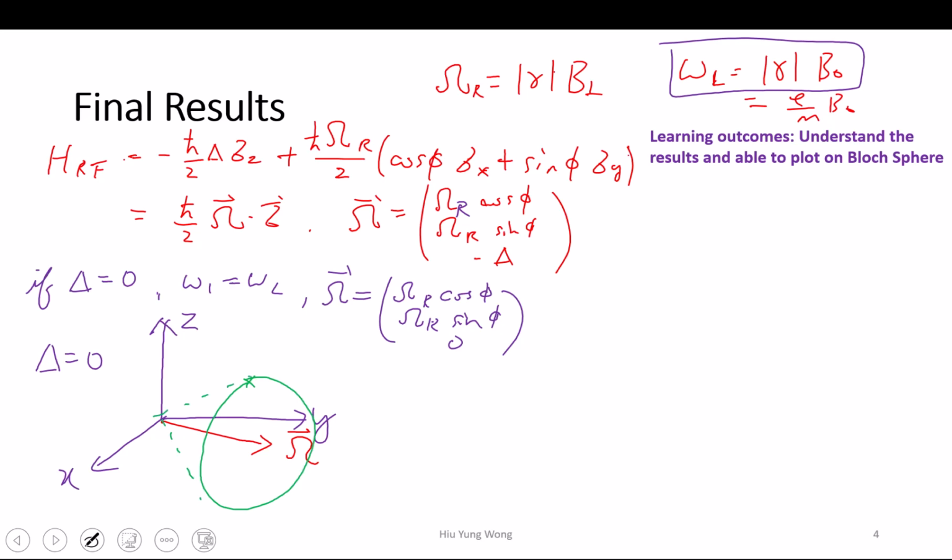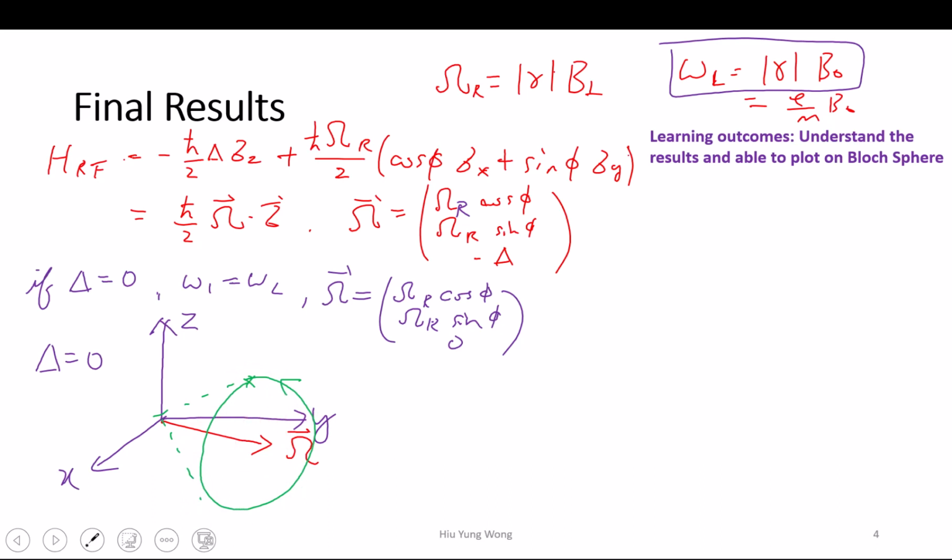I think it's going to rotate by the right-hand rule. It's just like when the omega is in the z direction, then you will just precess about the z direction. But in this rotating frame, only in this rotating frame, it's going to rotate about this omega.